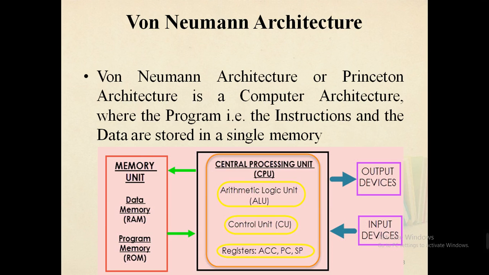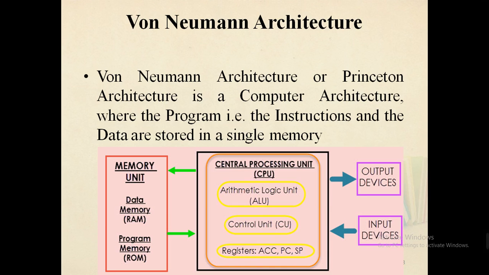where the program, that is the instructions, and data are stored in a single memory. Here the data and program memory, which is also called instruction memory, are stored in a single memory.